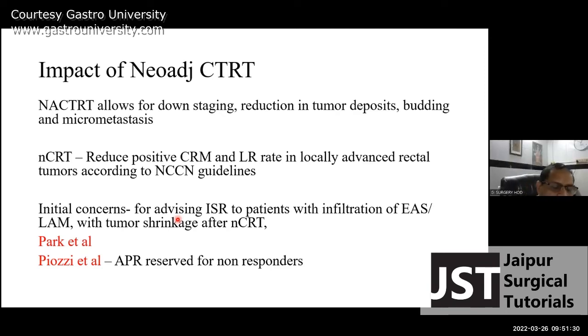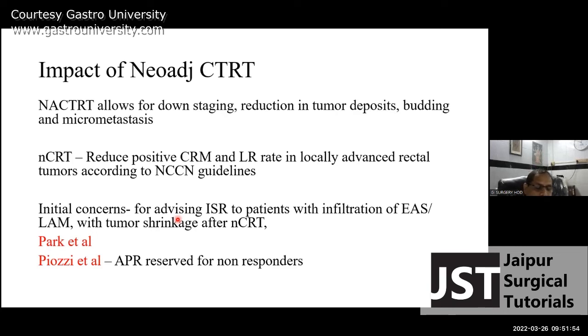So basically, you very rightly mentioned that there is a great divide between the Japanese and the Europeans. The Japanese consider it very sacrosanct and they always would like to dissect it. However, the Europeans and the West say that once you give neoadjuvant therapy, there is no need for doing a lateral lymph node dissection because of the increased morbidity associated with it.